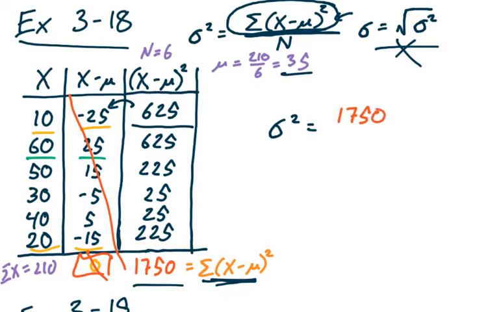And then here, since this is the population variance and the population standard deviation, we're going to use n itself. Okay, so n was 6 in this formula. Okay, and so we go ahead and plug that into our calculator. Just hit 1750 divide by 6, and that comes out as 291.6 repeating.